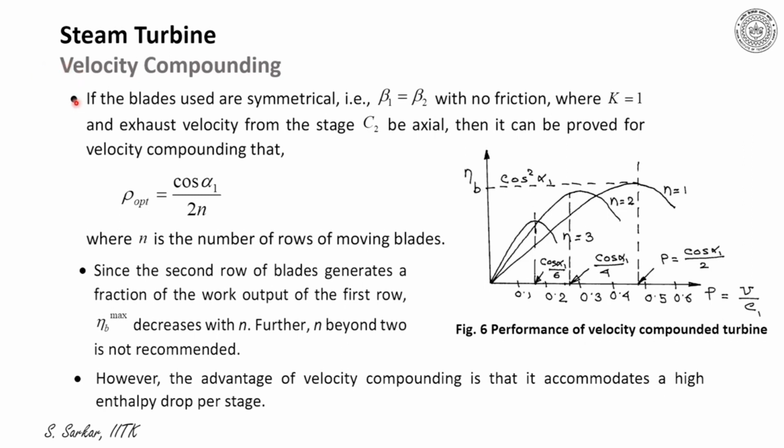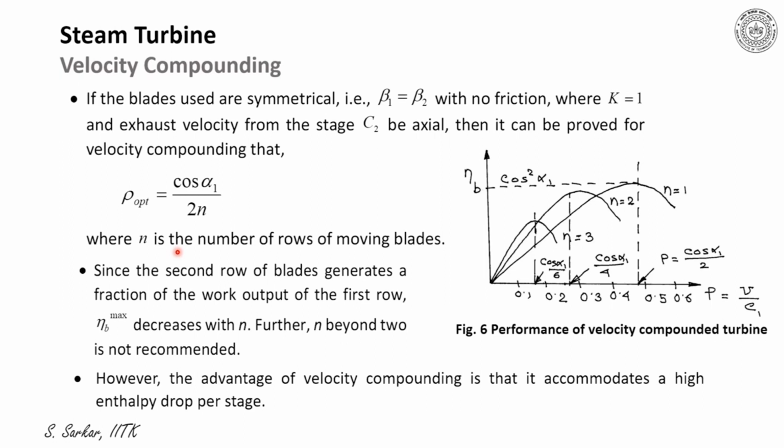If the blades used are symmetrical, that is beta 1 is equal to beta 2, with no friction where K is equal to 1, and the exhaust velocity from the stage C2 is axial, then it can be proved for velocity compounding that rho optimum would be equal to cos alpha 1 divided by 2n, where n is the number of rows of moving blade.